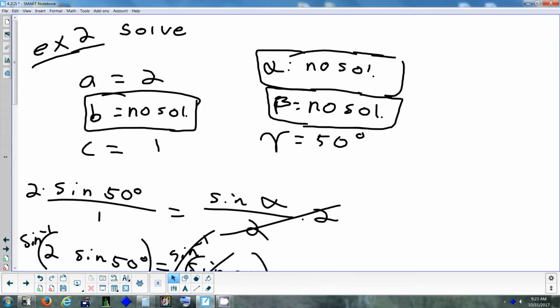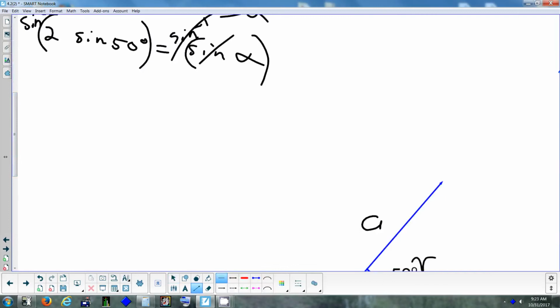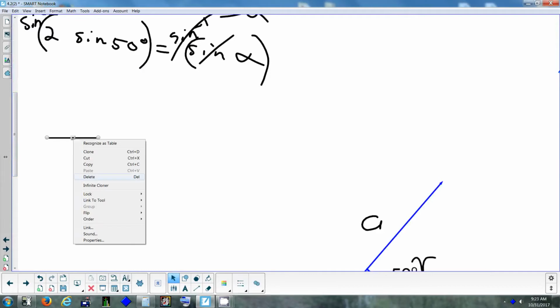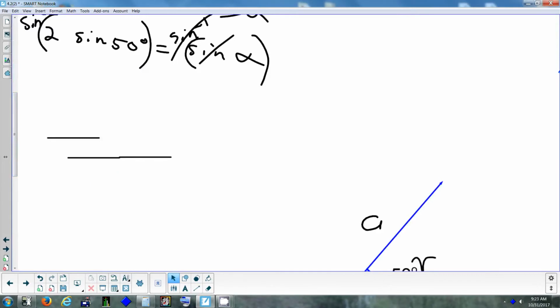Okay, so I'm going to try to draw it and we'll see what happens. All right, so what I'm going to do first is I'm going to call that 1 unit. Then it doesn't matter what it is, 1 inch, 1 foot. And then I'm going to make one 2 units. And I'll just try to group them together. Right, so now I got something that's 1 unit long, something that's 2 units long.